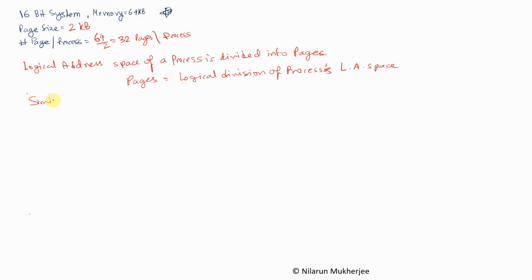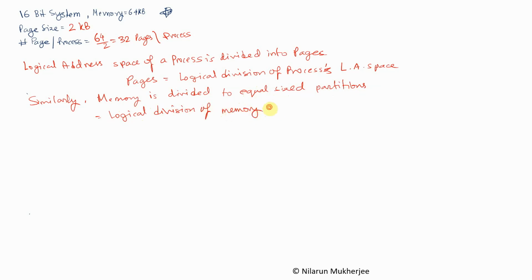Similarly, memory is divided into equal sized partitions, and this division of memory is called a frame.